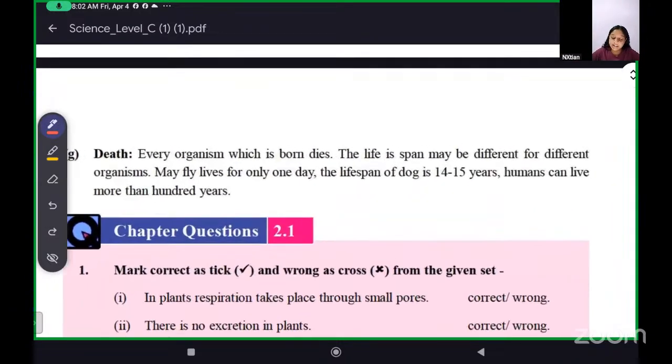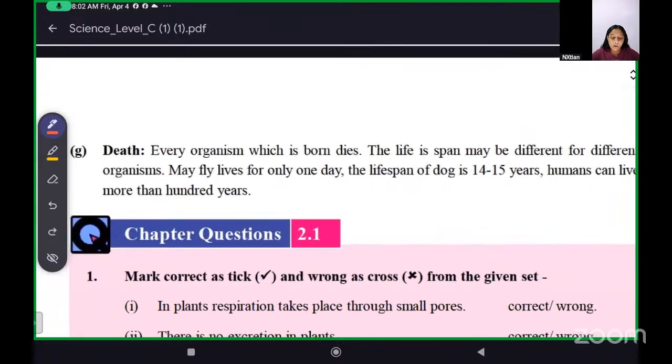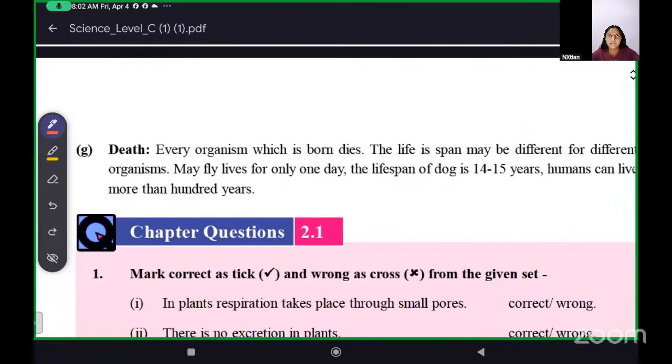And then there is death. All things that are born, one day they die. Death is also a part of the whole life process of living beings. Animals, birds, plants, humans, one day they all die.